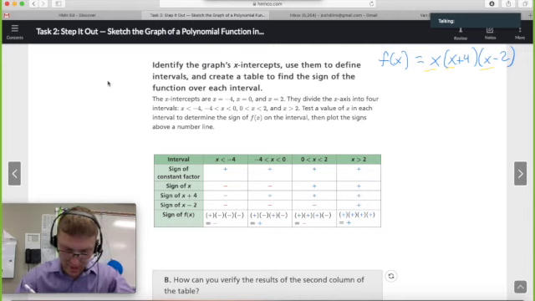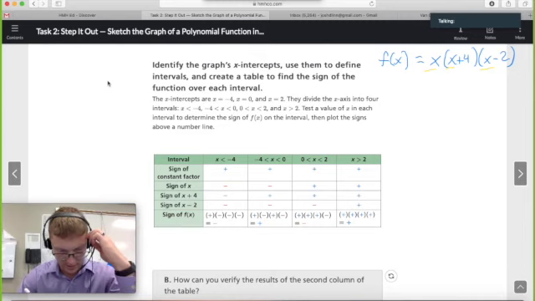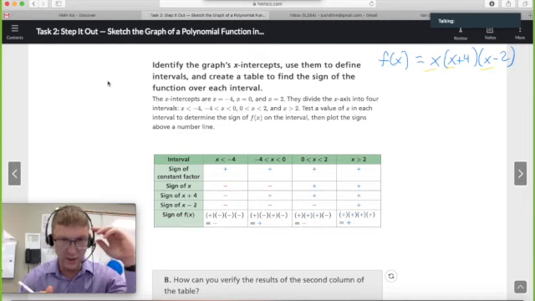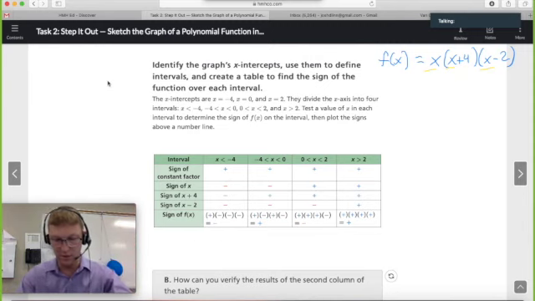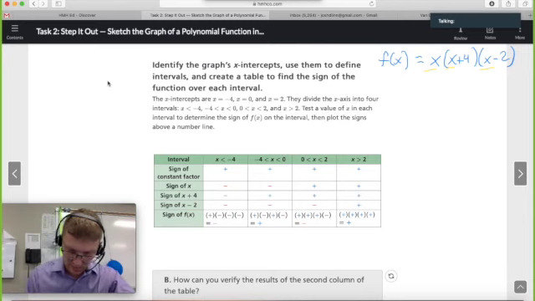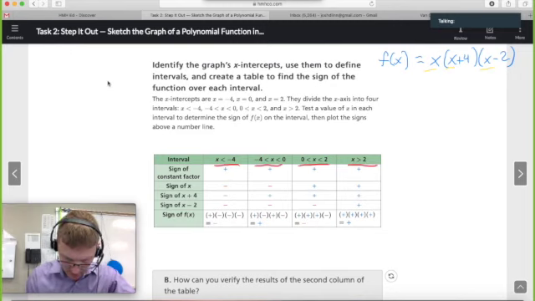All right, so now they are trying to find the sign, whether the function is positive or negative, so whether it's above or below the x-axis. The way they do that is you've got your intervals up here, and then you've got your intervals going down here as well.